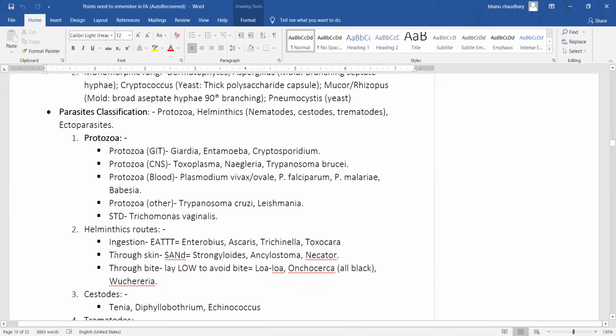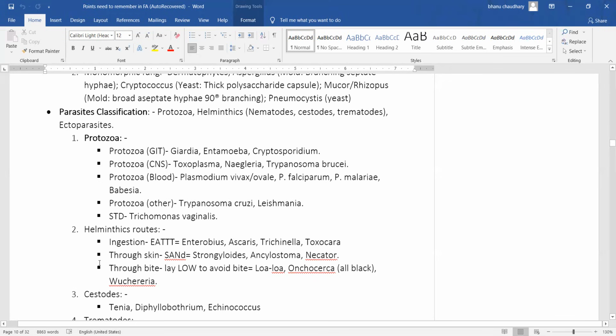Through the oral route, you will get the EATT, which is Enterobius, Ascaris, Trichinella, and Toxocara. Okay, Enterobius, Ascaris, Trichinella, and Toxocara. Then through the skin, you can remember them by the mnemonic SAND, which is Strongyloides, Ancylostoma, and Necator.